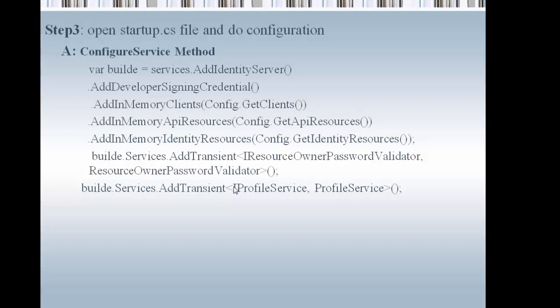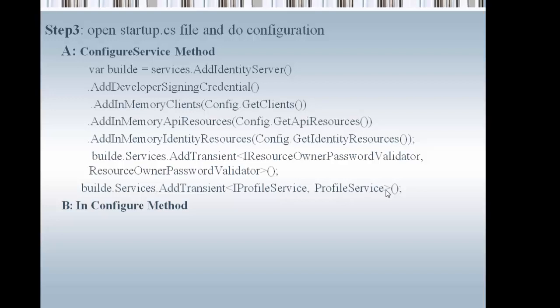Next, because we are validating the user against the database, we will create a custom resource owner password validator. So here we will inject the IResourceOwnerPasswordValidator service into the DI container of ASP.NET Core, and one more service called IProfileService.